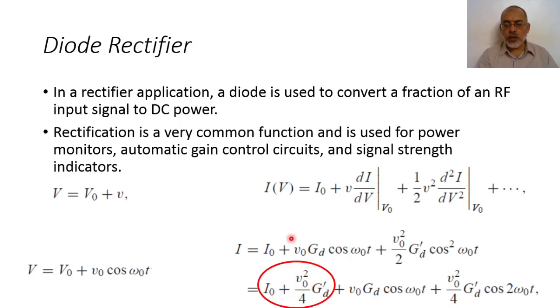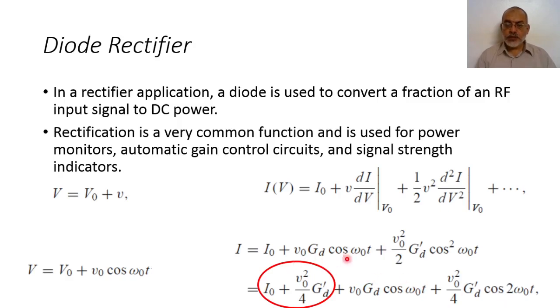In addition, we have V0 GD cosine omega naught t. And the second term from the cosine squared here would be half cosine 2 omega naught t. So half multiplied by V0 squared over 2 would be V0 squared over 4 GD dash cosine 2 omega naught t.